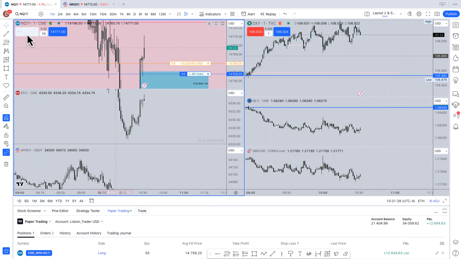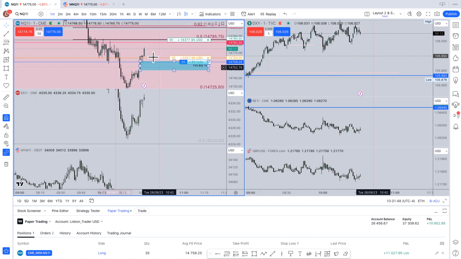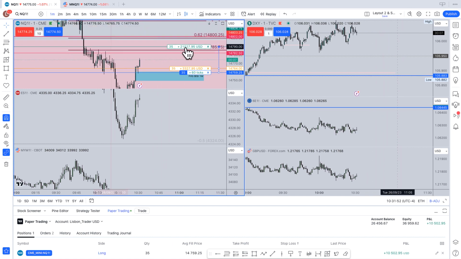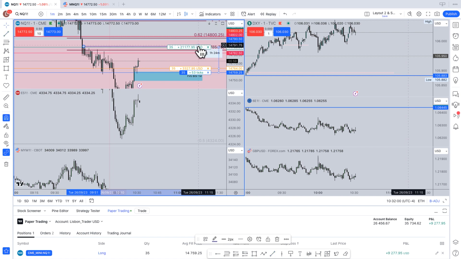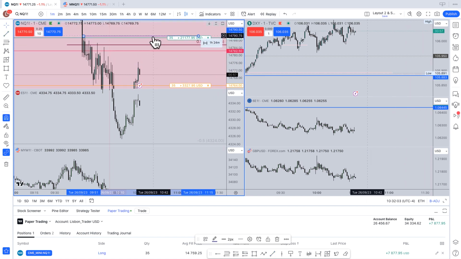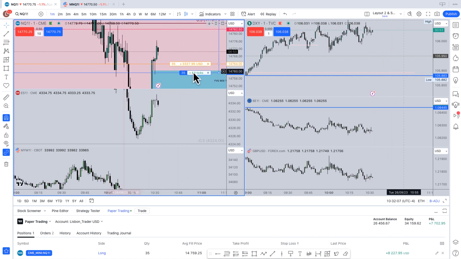Let's bag some profits just in case. 26, 8,000, 9,000 PNL, moving higher. It might even want to reach this buy side. There. If it keeps open.